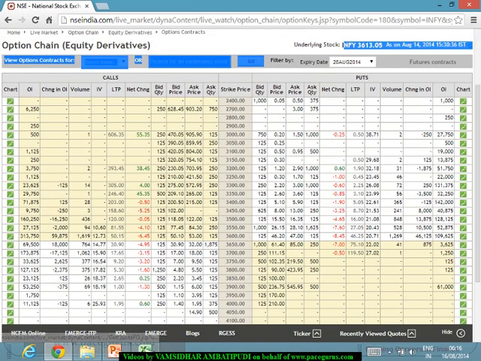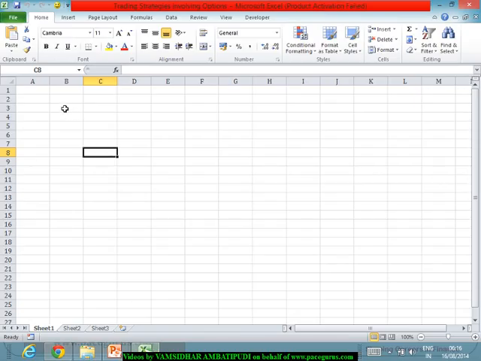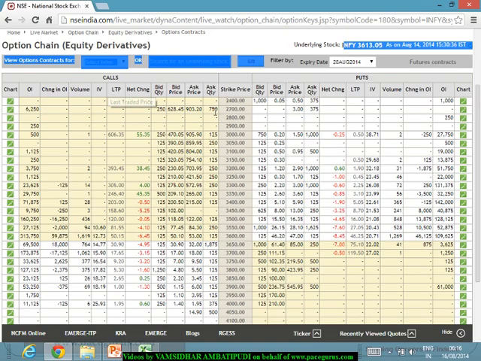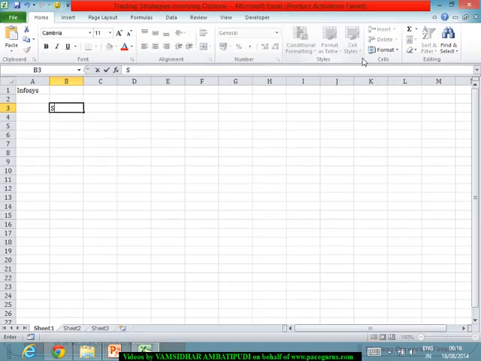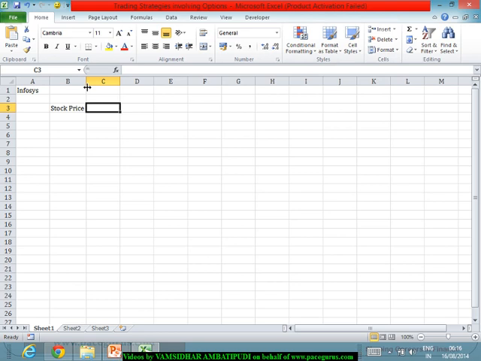Let me carry some of the important data to the spreadsheet. I'm taking the security as Infosys, whose current stock price is 3613. The stock price as of date is 3613. Let me take that number as it is.